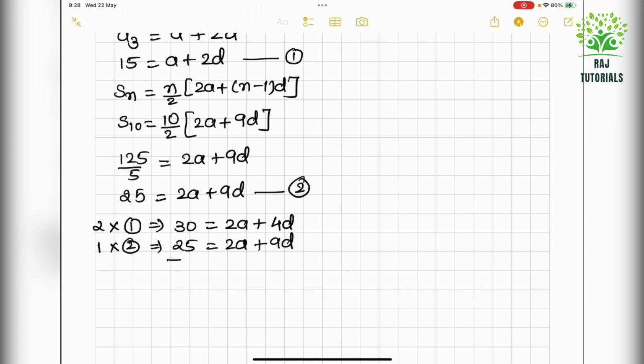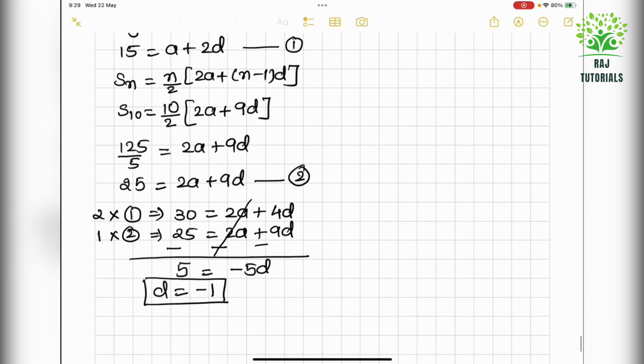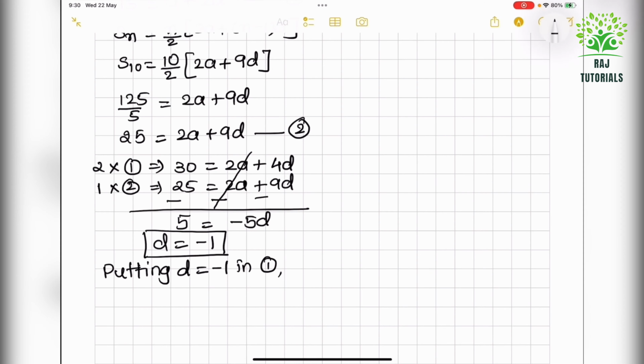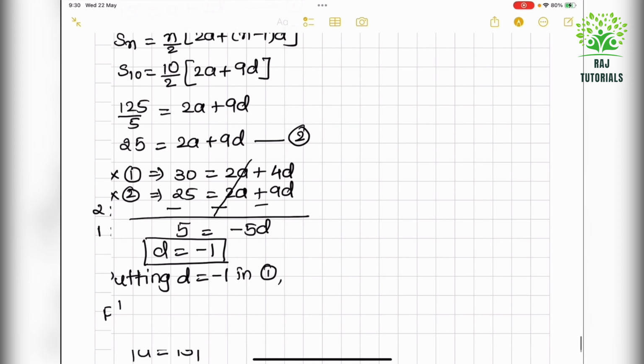Now subtracting both the equations, 5 equal to minus 5D. So D equal to minus 1. So now I got D. So I can put the value of D equal to minus 1 in 1.